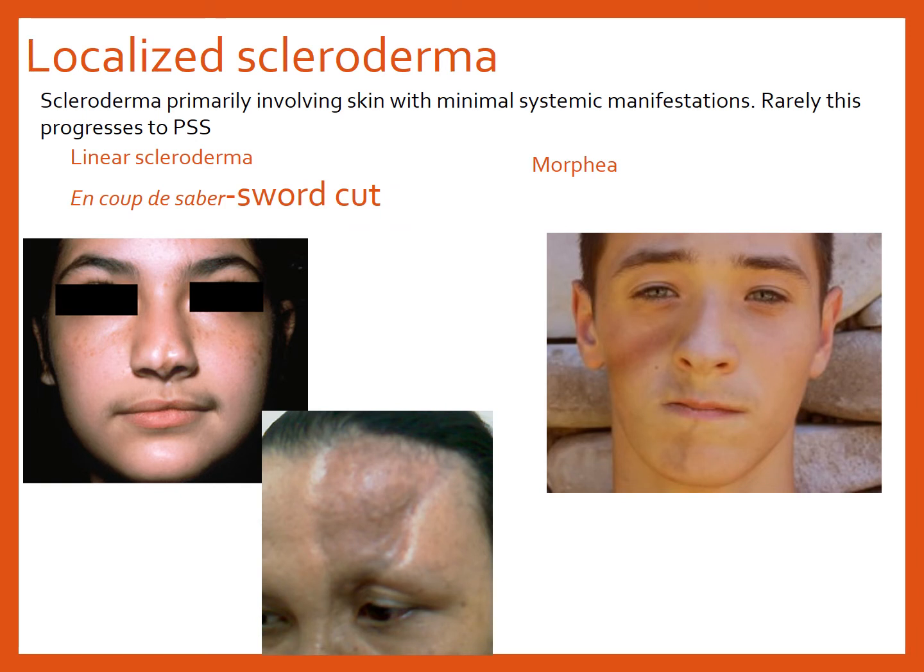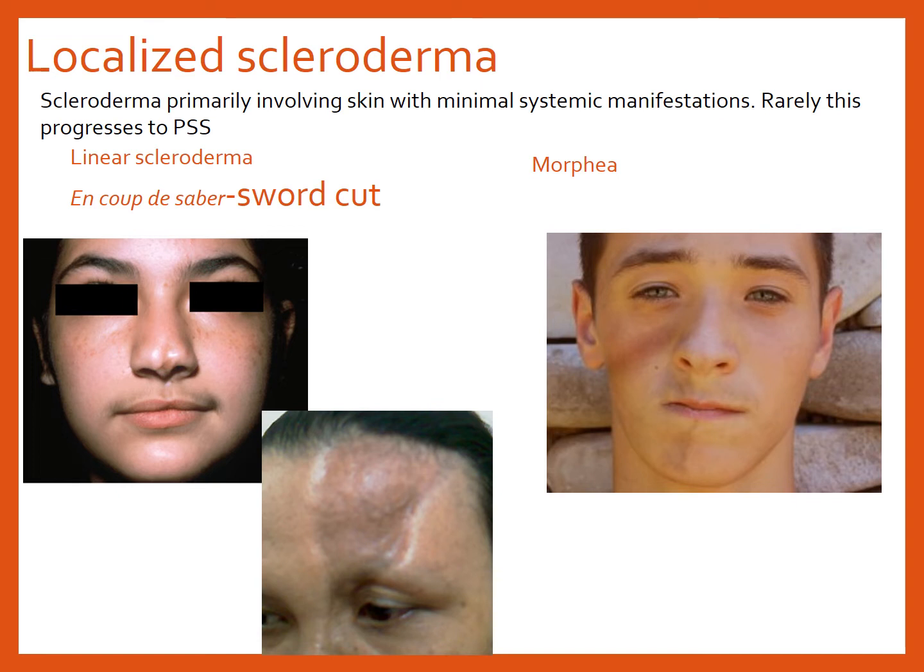Localized scleroderma, on the other hand, is primarily involving the skin with minimal systemic manifestation. Rarely this progresses to progressive systemic sclerosis. The linear scleroderma variety has generally a sword cut-like defect on the skin. In this en coup de sabre, the sabre or the sword cut is evident in the images which are here.